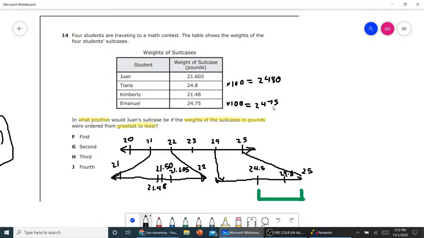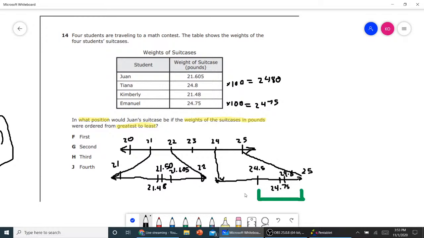The answer is 2,480 is greater than 2,475, or in other words, 2,475 is less than 2,480. So 24.75 would go right here.